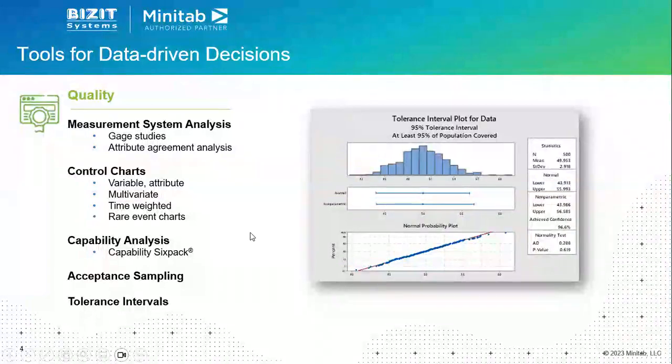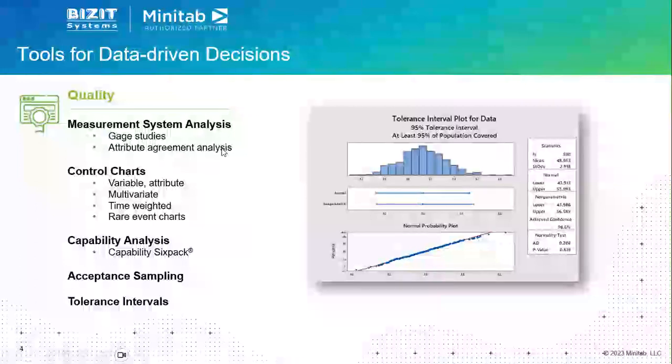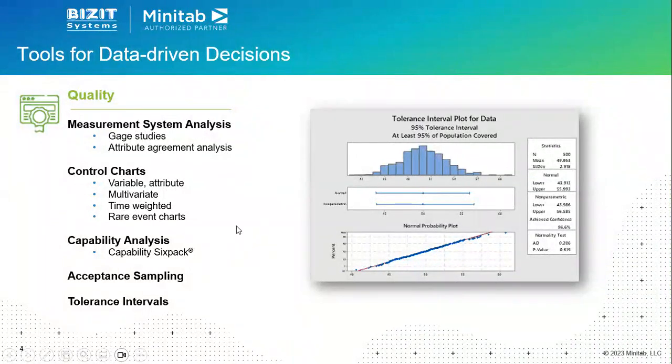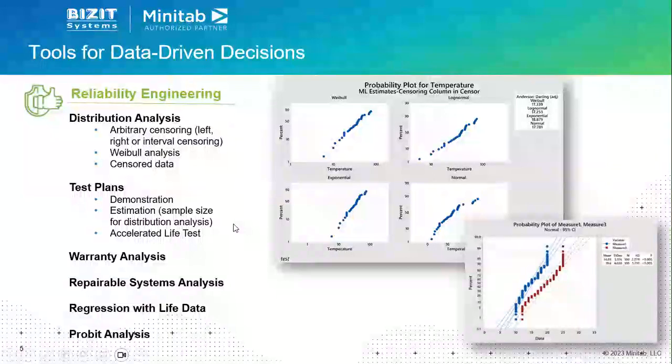If you are interested in those topics, we encourage you to go to our website or our YouTube channel, Minitab Malaysia and Singapore, to review the last webinars on measurement system analysis, control charts, and capability analysis. Okay, we also have reliability engineering, and for information on the latest enhancement from Minitab, we have a new tool, Cox regression, inside reliability engineering.